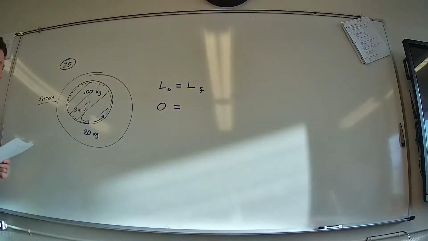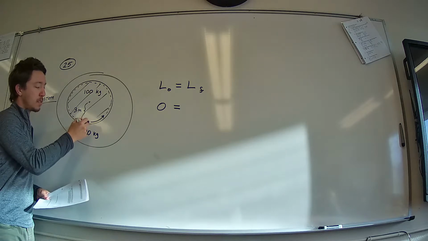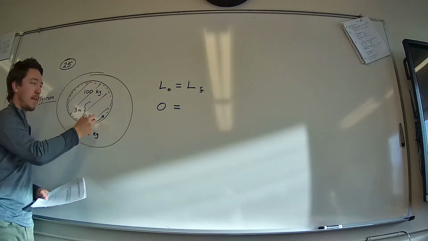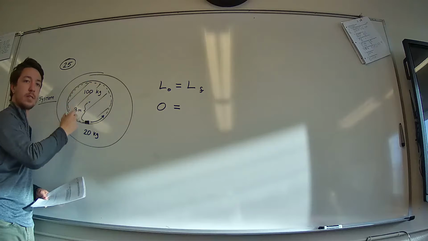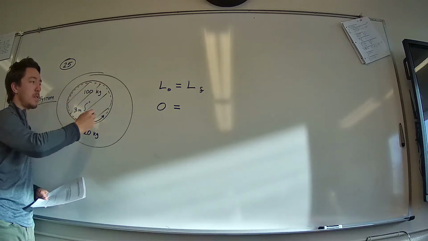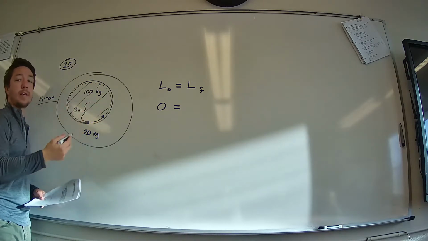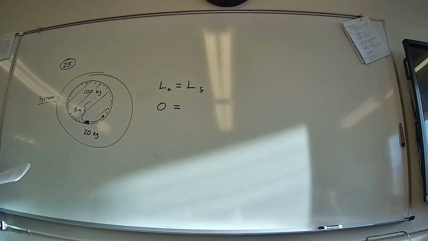Now my final angular momentum. Suppose I treat this car like a point mass traveling in a circle. Suppose I call this direction the positive direction, and the disc is going to travel in the opposite direction. I can call that negative. So it's still going to be zero if they cancel each other out.